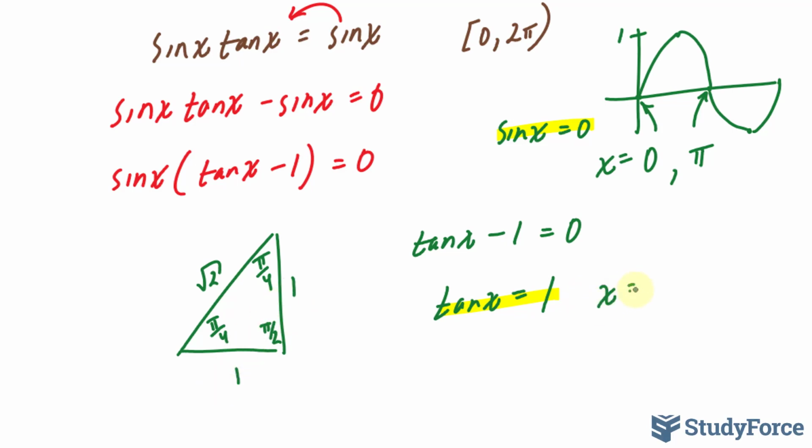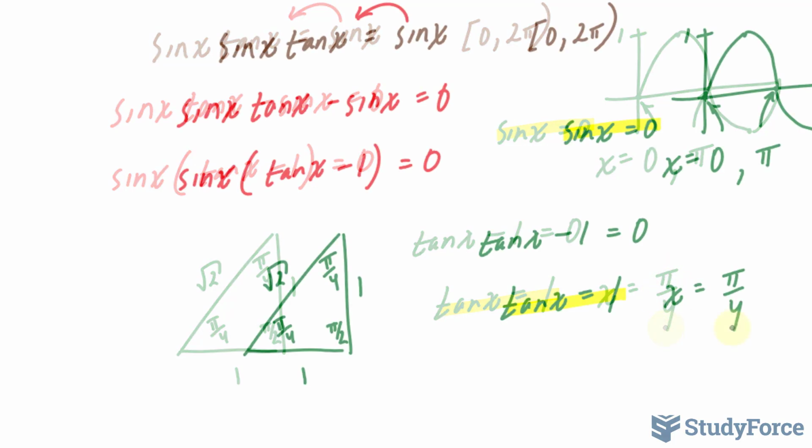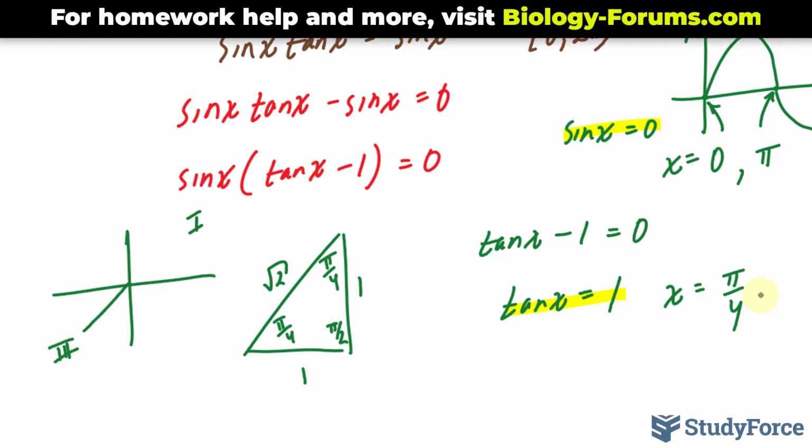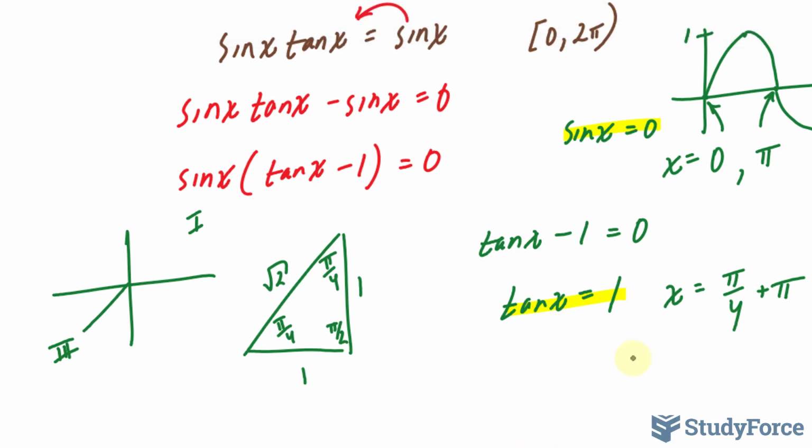Therefore, x is equal to pi over 4. And given that tangent is positive in quadrants 1 and 3, we can find the third one by adding pi to this. So if we add pi to pi over 4, we end up with 5 pi over 4. So x is equal to pi over 4 and 5 pi over 4.